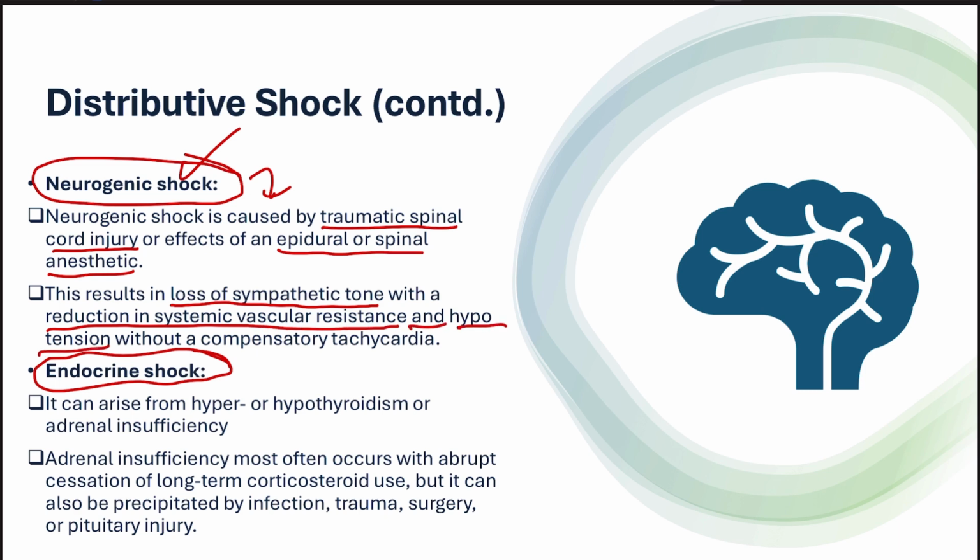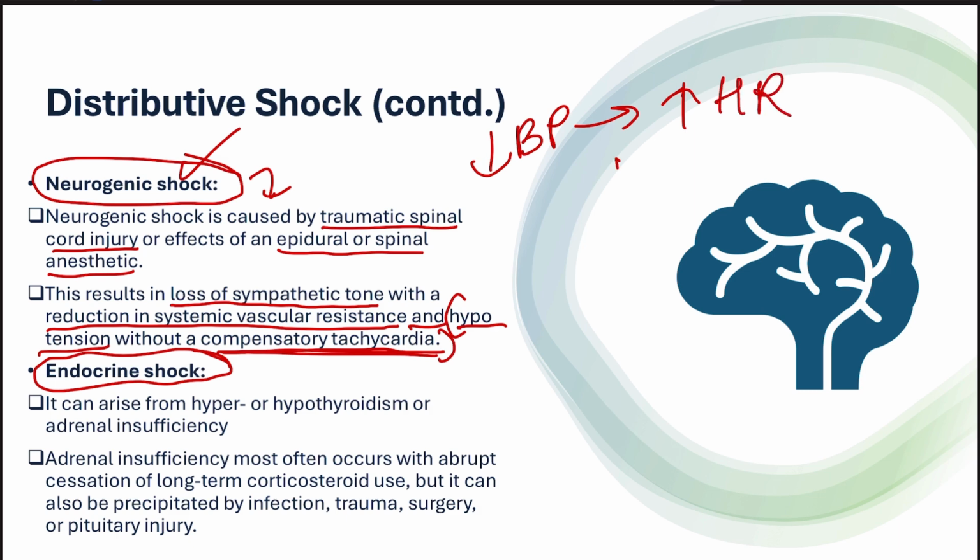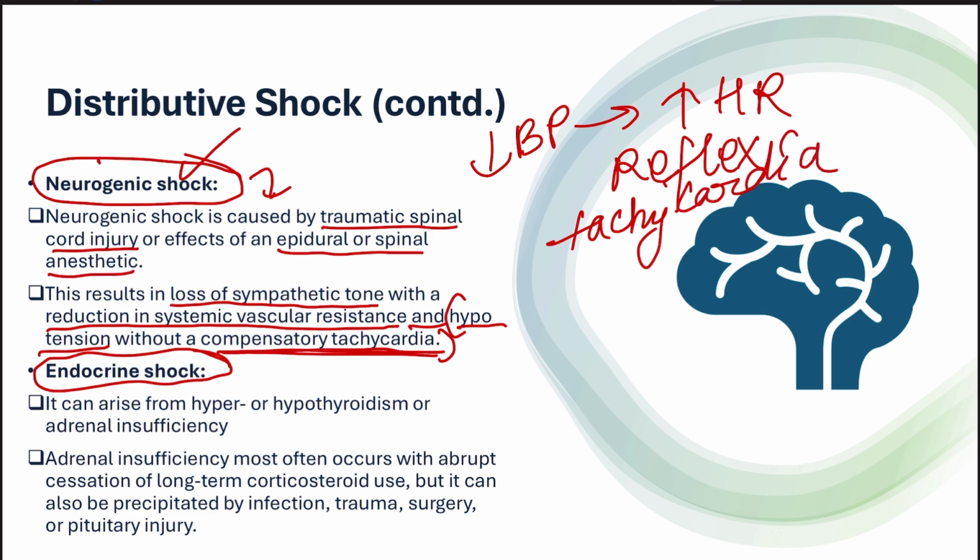And since the spinal cord is injured, there will be no compensatory tachycardia. So it is the case of hypotension with no compensatory tachycardia, because normally when the BP decreases, by reflex it will increase the heart rate, that is reflex tachycardia. But in case of neurogenic shock, there will be decrease in BP but no reflex tachycardia.